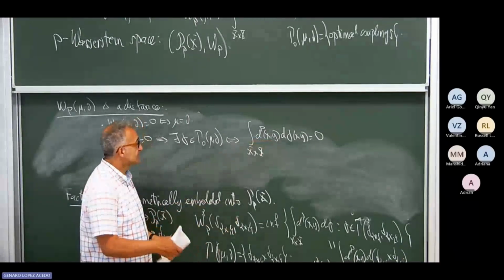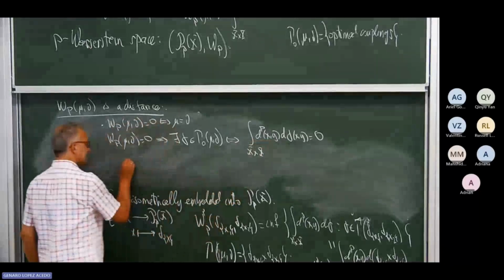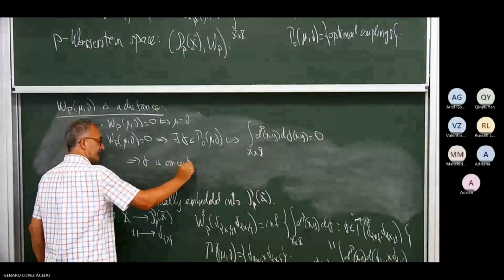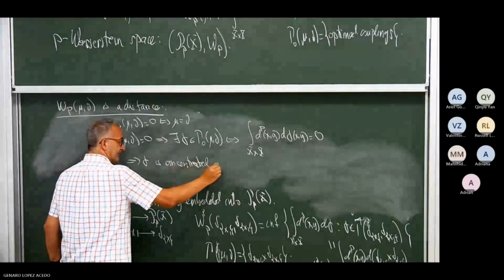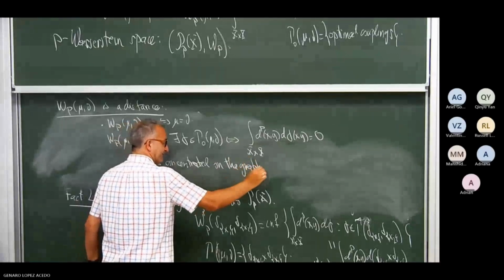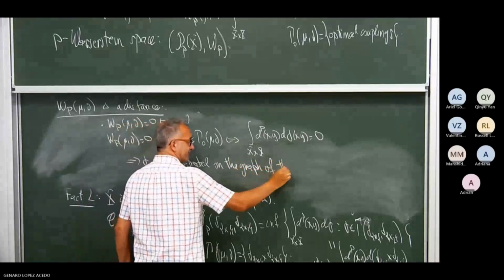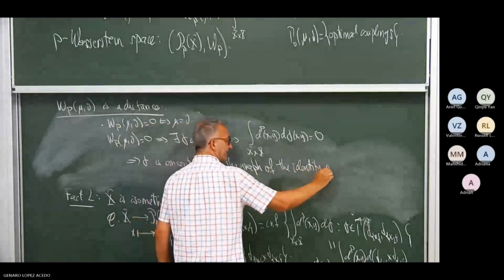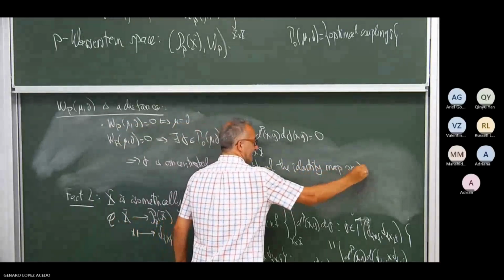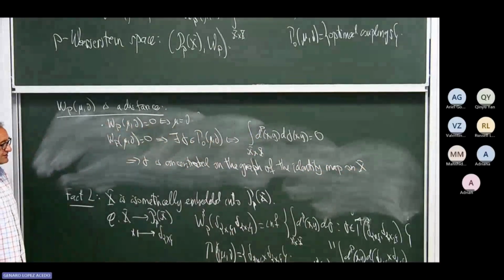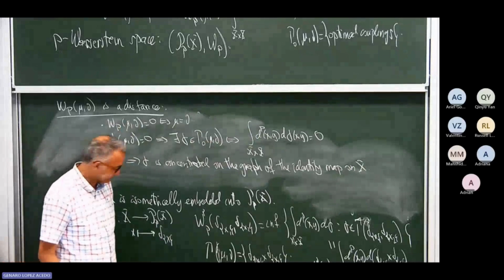So this implies that gamma has to be concentrated on that graph.